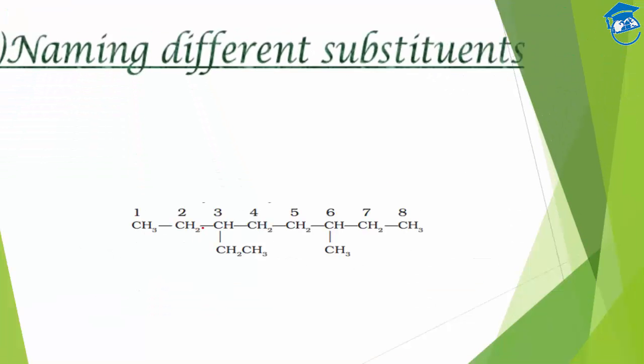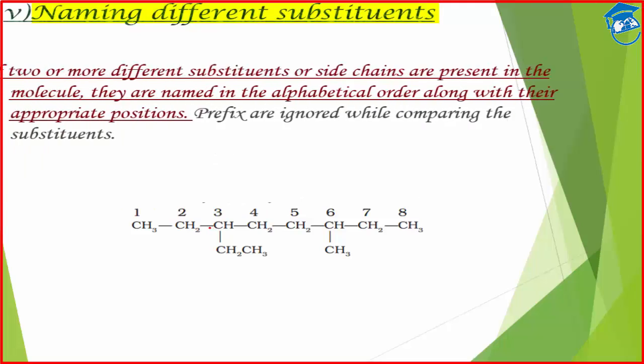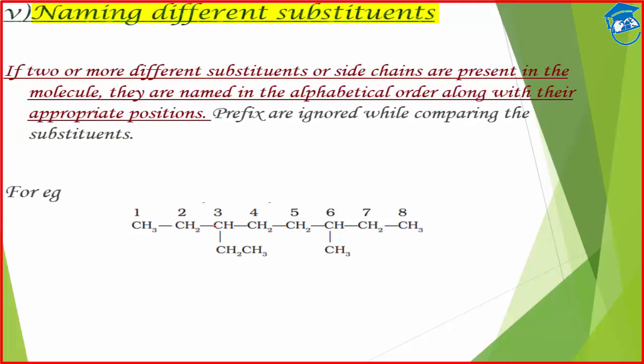Next, if different substituents are present, how should we proceed, which should be preferred? Should we go by whichever substituent comes first, or is there anything else? Here we should follow the alphabetical order.